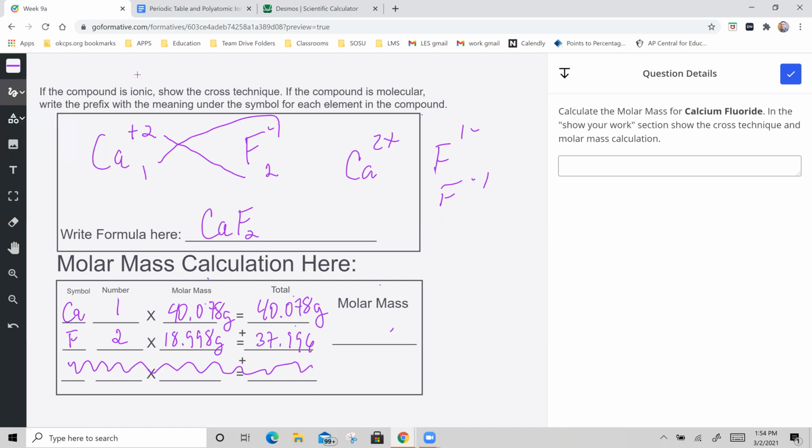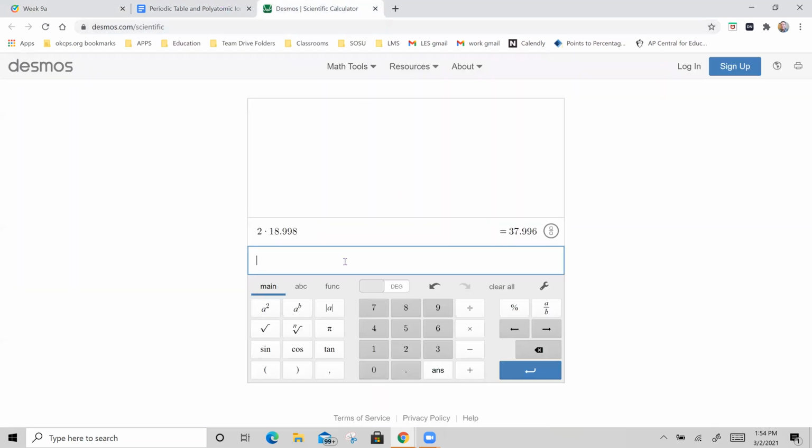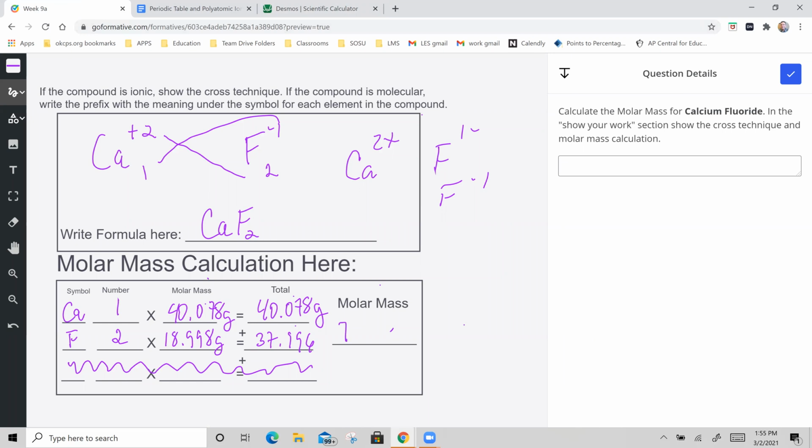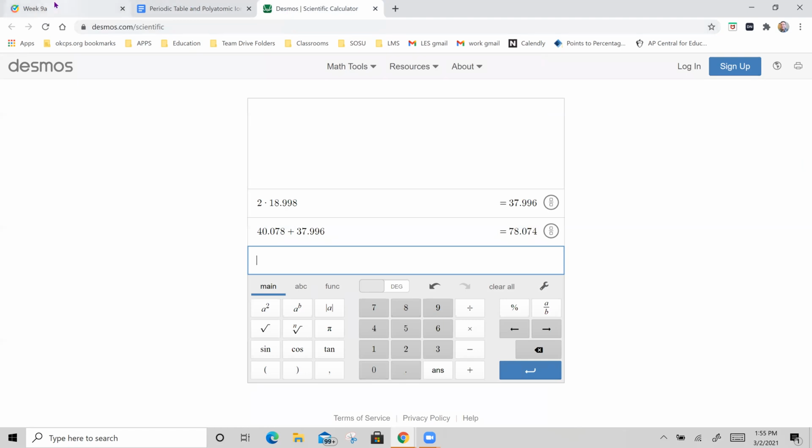Now, what am I going to do with those two values? That's right, I'm going to add. So I'm going to add those two values. So 40.078 plus 37.996, and I end up with 78.074 grams.